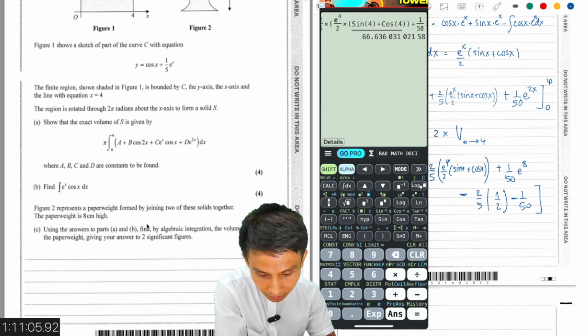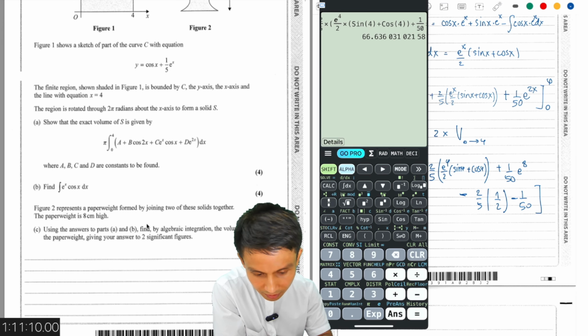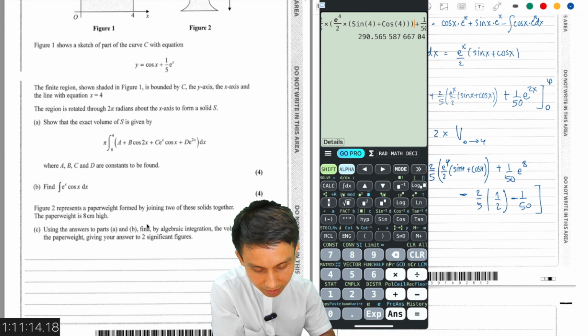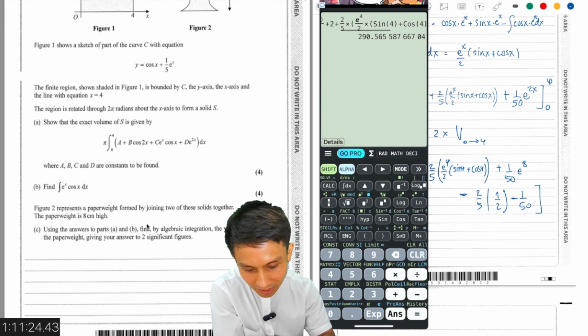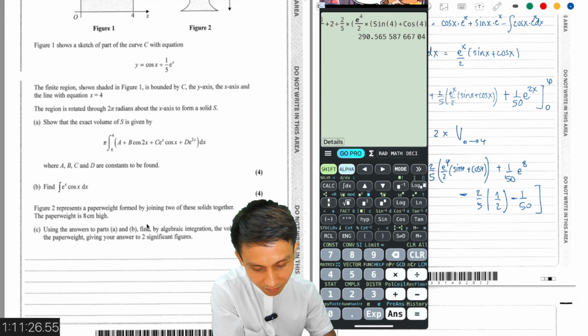Shouldn't there be another bracket there? Like this, I mean. Let me check that again. That's a little tricky there, guys. I'm going to take out the brackets here. Wait, no, I should keep it.